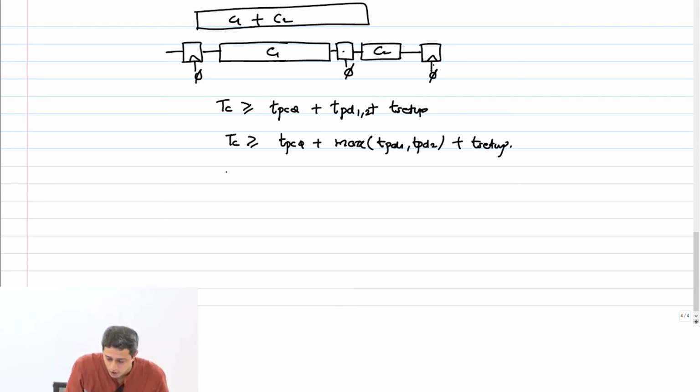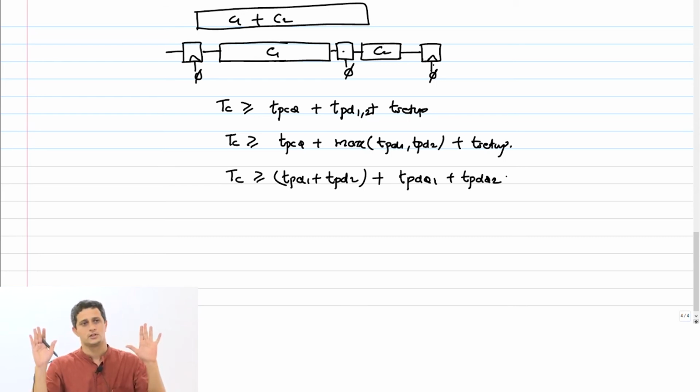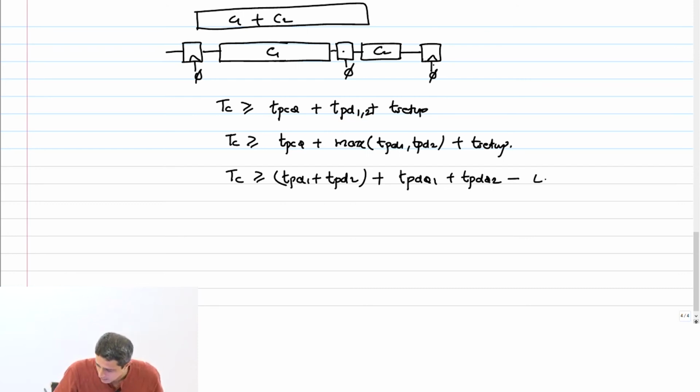So if you look at what the condition in the latch based system was, it is basically TPD1 plus TPD2 plus TPDQ1 plus TPDQ2. This is what we had for a latch system. This is the flop system.